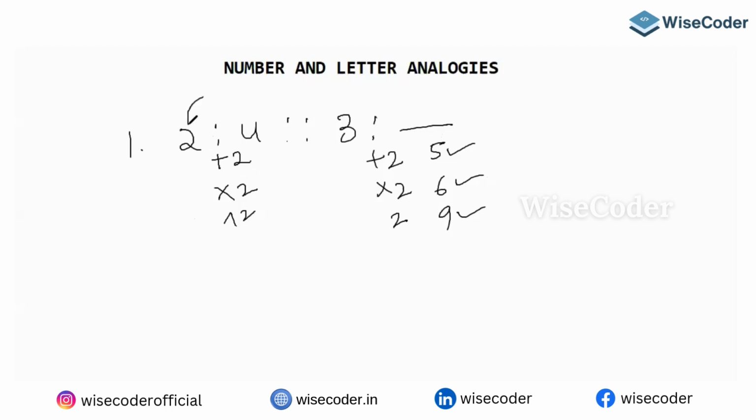What is the relation existing between these two quantities? The same relation has to exist between these two quantities. Then only your logic is going to be correct, otherwise your logic is going to be wrong. So the answer for this question, you have to decide according to the options. Let's say in the options there is only 5, then the logic is plus 2.